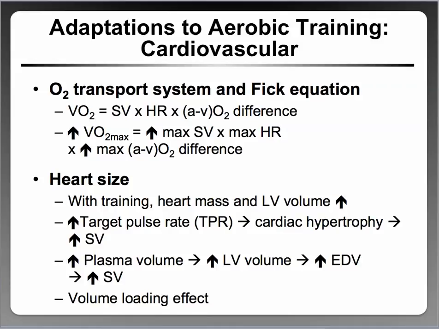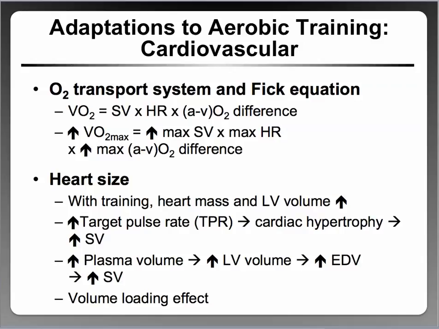And essentially what you're going to see with exercise training is that heart rate, especially maximal heart rate, is not going to change very much, or in some cases it'll actually decrease to allow a greater filling capacity, greater amount of blood to filter into the heart to be then transported to the tissues.